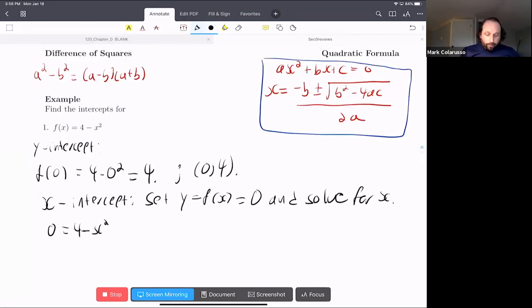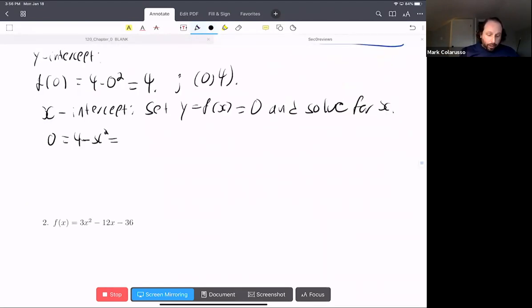And there are different ways of skinning the cat here, but we talked about this difference of squares, so we can make use of that here. Where now the a squared is going to be 4, and the b squared is x squared. So a is 2, and b is x. So we can use that to get a nice factorization. So we get that 0 is equal to, using the difference of squares, (2 minus x)(2 plus x).